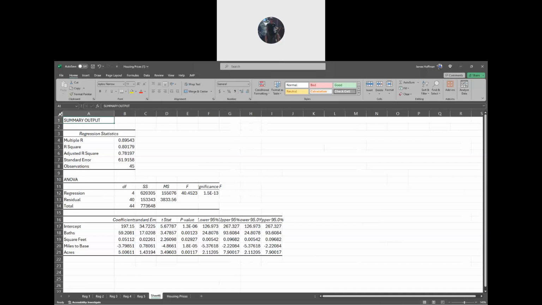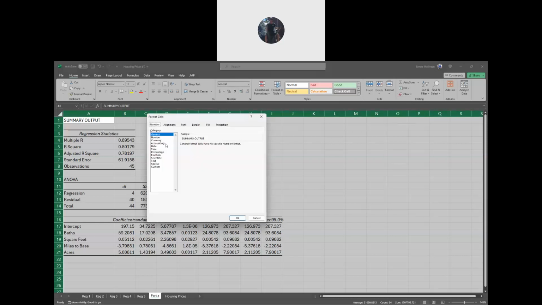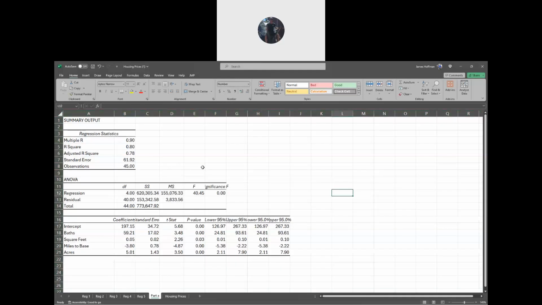Let me call this part A from the homework. Then if we want to, Home tab, Format Cells, Number, two decimals with the comma. There we go.